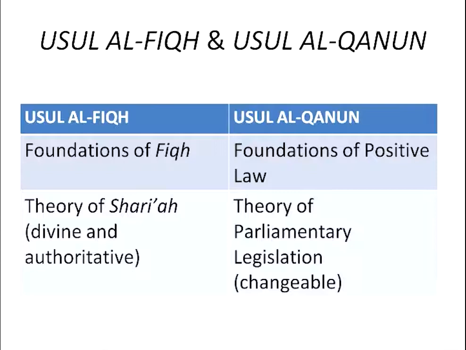Both of them are concerned with the sources of the law, the methodology of obtaining the legal rules from their sources, inference and interpretation. But the usul al-fiqh is concerned mainly with the Quran and Sunnah as the principal sources and the authority of reason vis-a-vis divine revelation, how to arrive at the rulings of halal and haram.